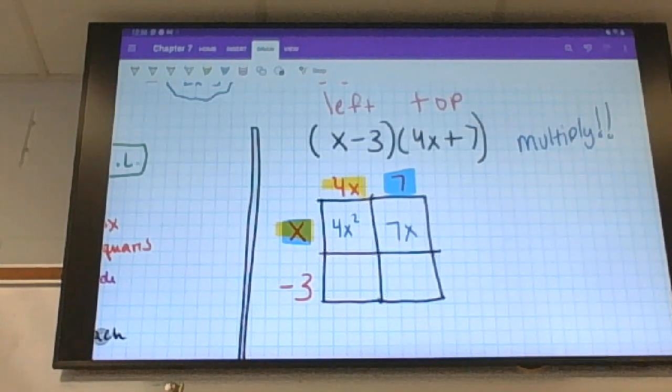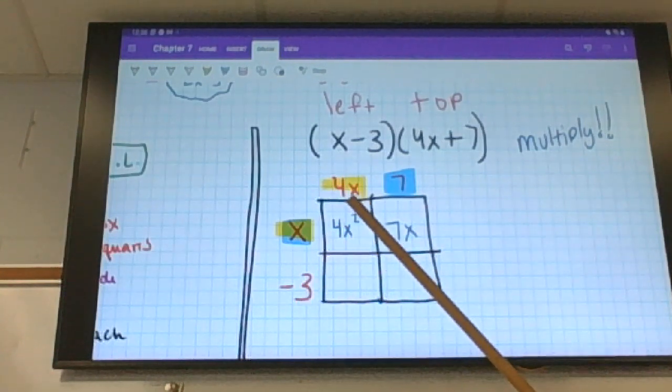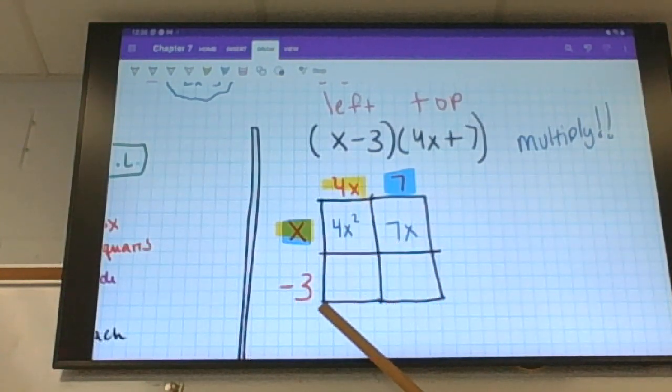Yes, that's 7x. And then I do the negative 3 times the 4x, and I write it in this window hole. And then I do the negative 3 times the 7, and that's the last window hole.